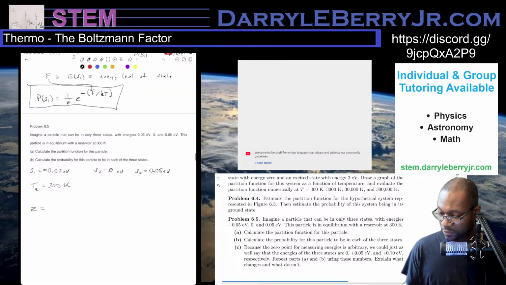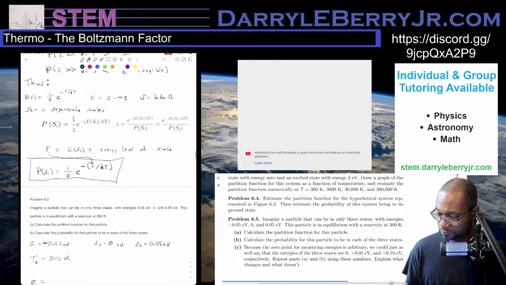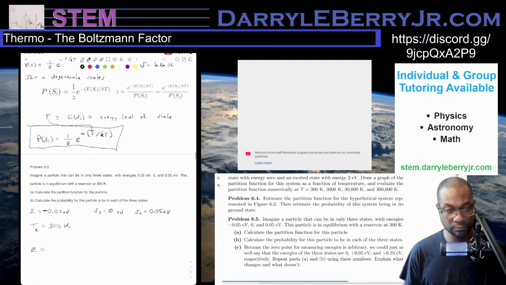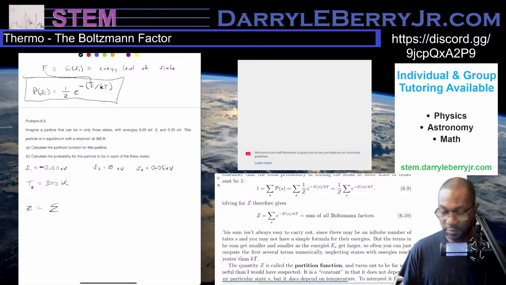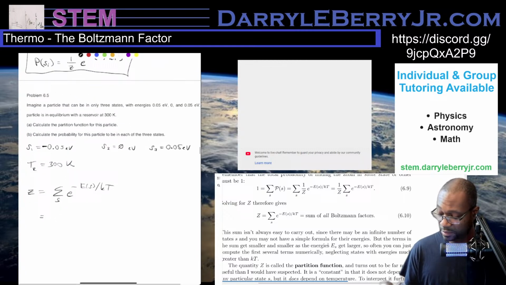So Z should equal the sum over all the states of the Boltzmann factors, which in this case will be e to the negative E_S1 over KT, plus e to the negative E_S2 over KT, plus e to the negative E_S3 divided by KT.